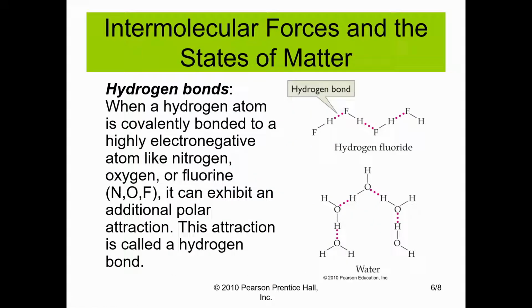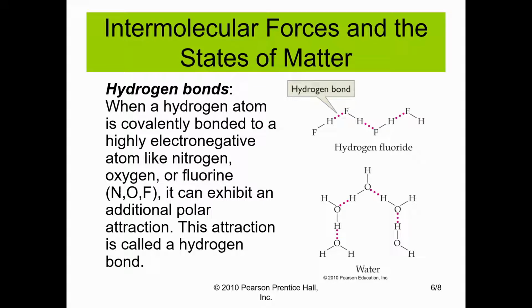A hydrogen bond is most commonly found in water, but it's also contained in any molecule that has an electronegative atom attached to hydrogen. A hydrogen bond is a fairly weak intermolecular force, but when there's a large amount of them occurring, they can add up in strength over time.